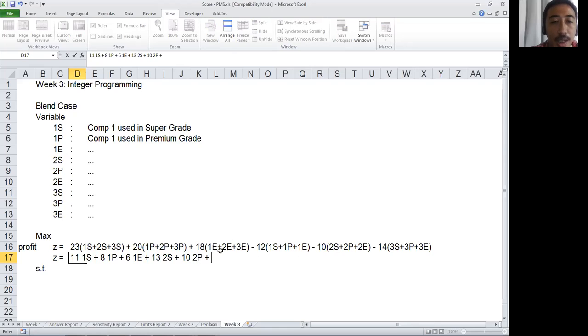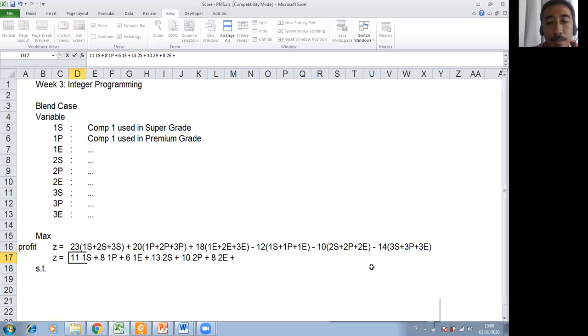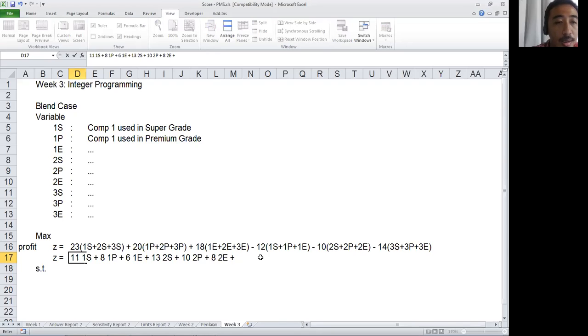Plus 2E: 18 minus 10, so 8 2E. The last one, 3S: 23 minus 14, it means 9 3S.